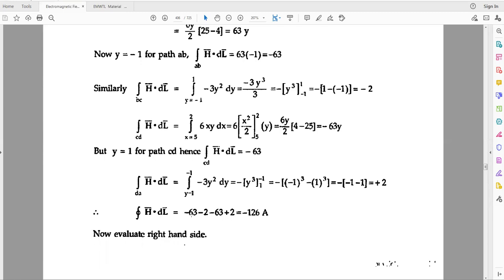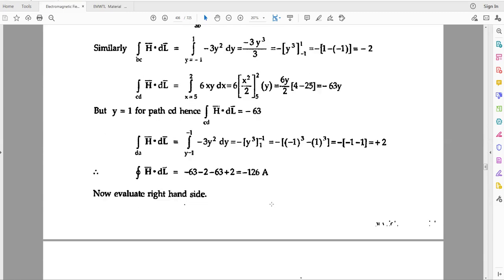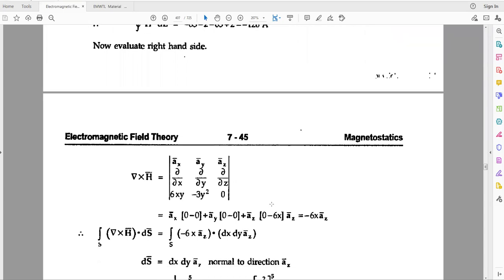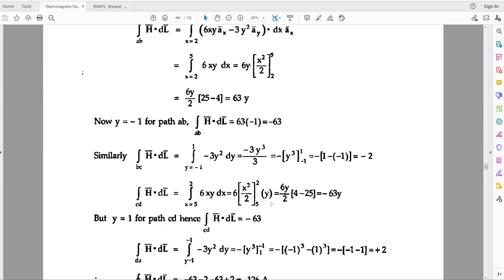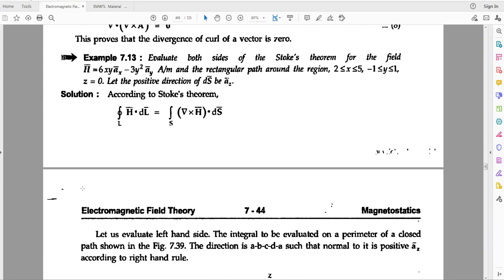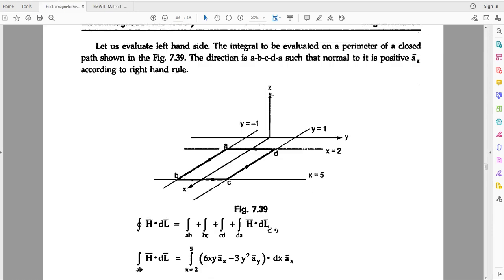So in total, we have minus 63 minus 2 minus 63 and plus 2. Plus 2 and minus 2 get cancelled. You get minus 126. The value is the integral of h bar dot dl bar. See, h bar dot dl bar is the left hand side. The right hand side is del cross h bar dot ds bar.